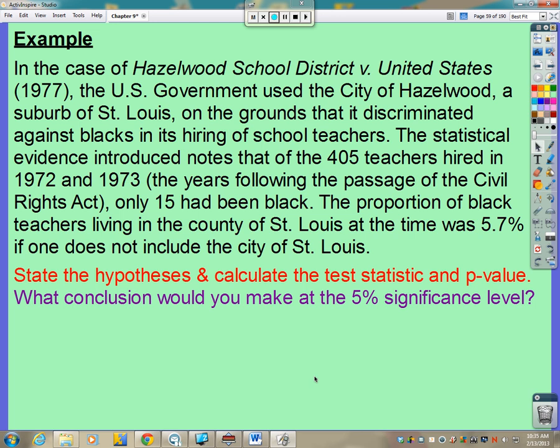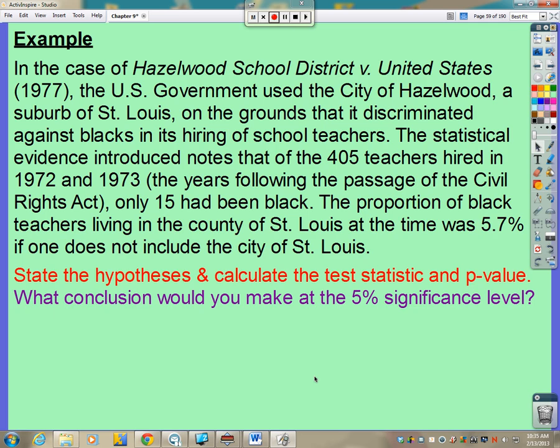The statistical evidence introduced notes that of the 405 teachers hired in 1972 and 1973, the years following the passage of the Civil Rights Act, only 15 had been black. The proportion of black teachers living in the county of St. Louis at the time was 5.7% if one does not include the city of St. Louis.